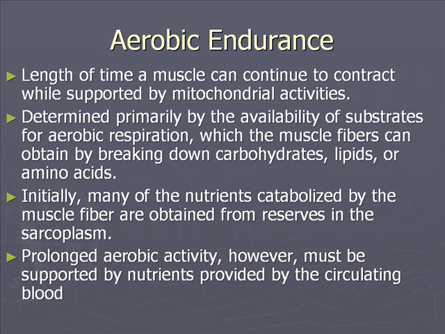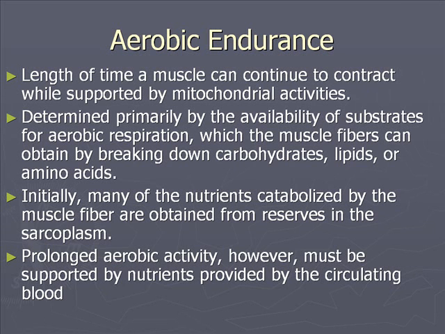Thus, when we talk about aerobic endurance, we're talking about the ability of muscles to sustain prolonged activity because they are supported by mitochondria, and by nutrients and oxygen that are available in the cell. It is determined primarily by the availability of substrates from aerobic respiration, which muscle fibers can obtain by the breakdown of carbohydrates, lipids, and or amino acids.